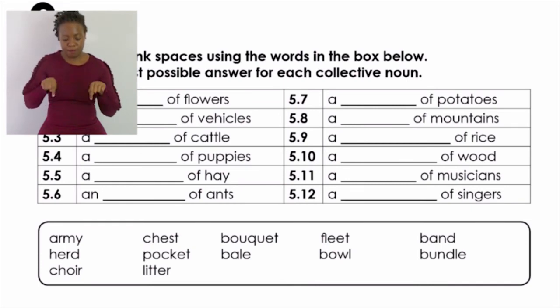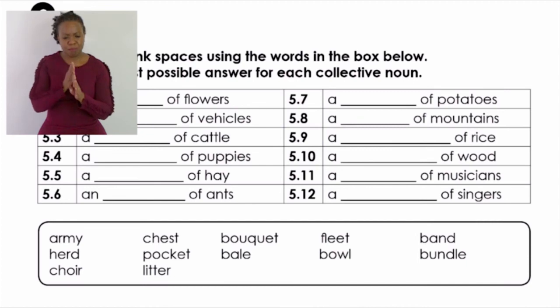Army, head, choir, chest, pocket, litter, bouquet, bale, fleet, bowl, band, and bundle. Example number 1, a dash of flowers. We would say a bouquet of flowers. So we do the rest on our own. Make sure you write correct spellings.